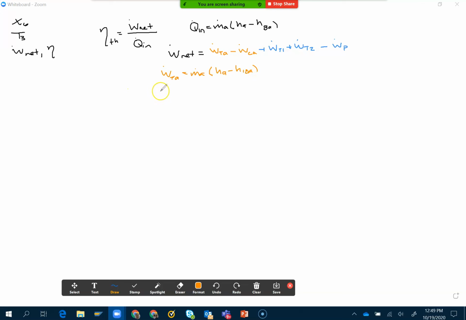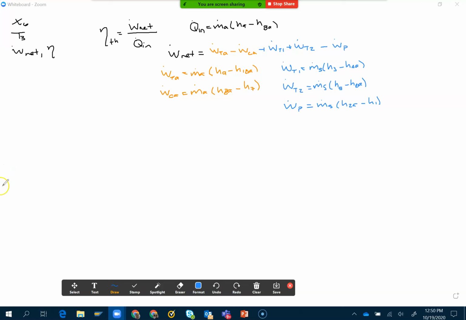Now, the work of the compressor, using first law, we have the mass flow rate times the enthalpy difference. And for the steam, okay, all of this is made with first law analysis.